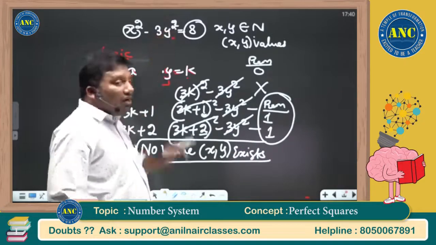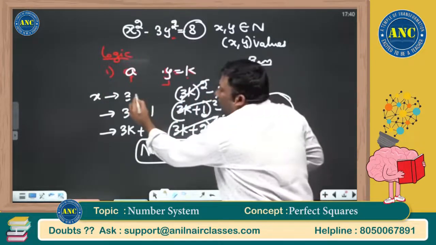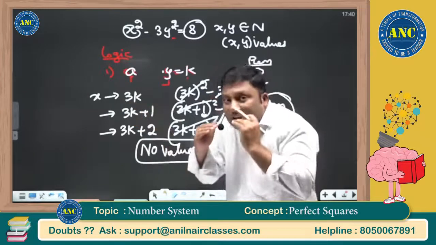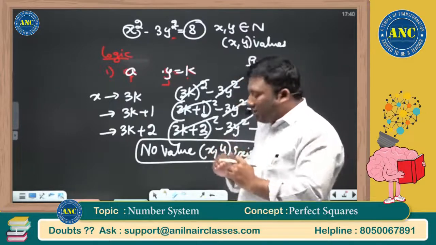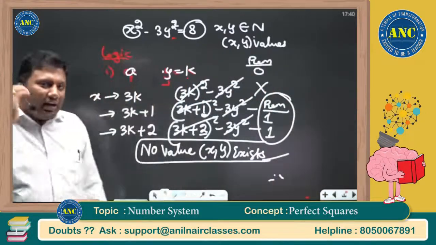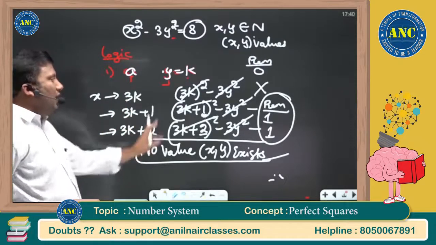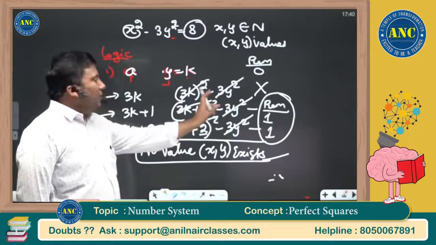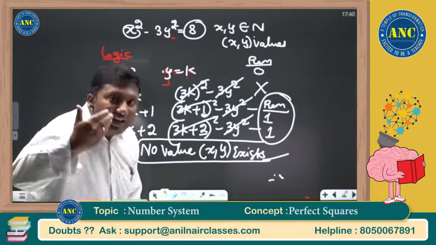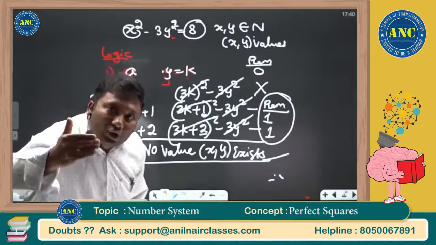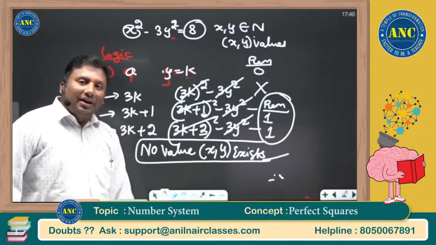If the coefficient of y square is 3, convert x in the form of 3. If you divide any number by 3, either it will be perfectly divisible by 3, or it gives a remainder 1, or it gives a remainder 2. 3k, 3k plus 1 or 3k plus 2 whole square. 3k whole square is divisible by 3 minus 3y square. 3k plus 1 whole square: 3k whole square is divisible by 3, 2 into 3k is divisible by 3, remainder 1. 4 when divided by 3, remainder 1.